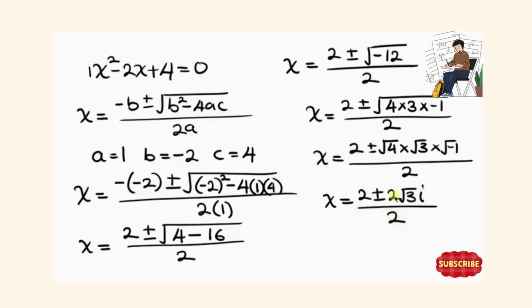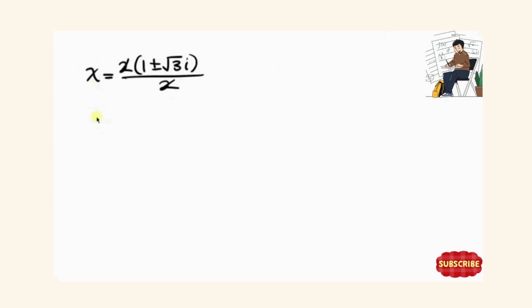And now factoring out 2 from the numerator, we have x equal to 2 times (1 plus or minus root 3 i) all over 2. Now see that 2 cancels out 2, leaving the value of x to be equal to 1 plus or minus the square root of 3 i.